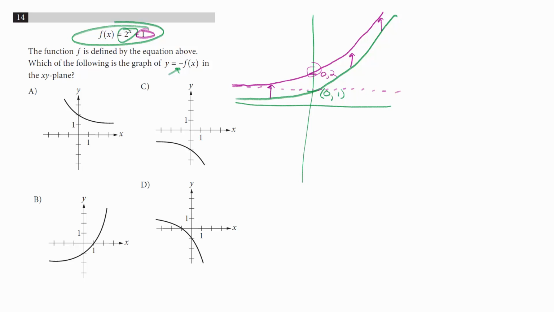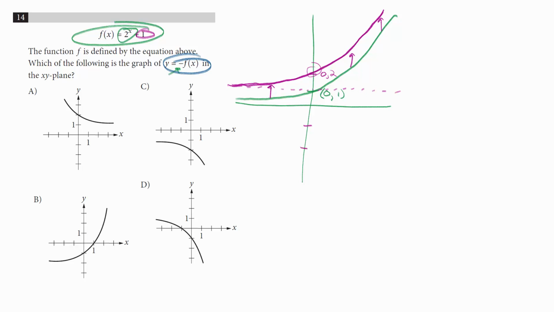So now the question is asking, what is the graph of negative f of x? So if we take all of the values in this pink function and we mirror them across the x-axis, what will it look like? So let's start with mirroring the y-intercept.